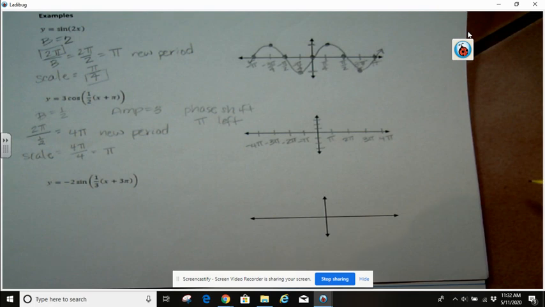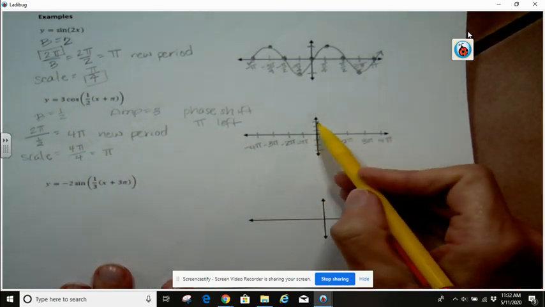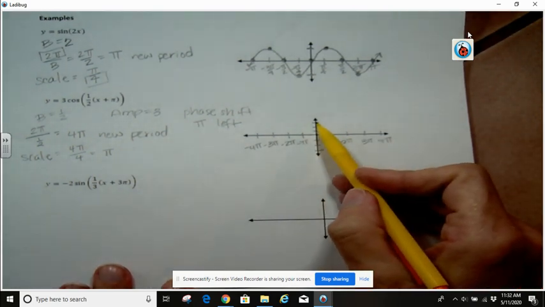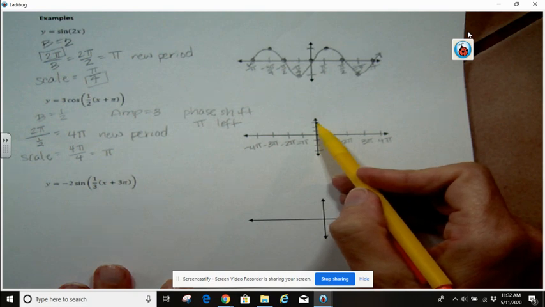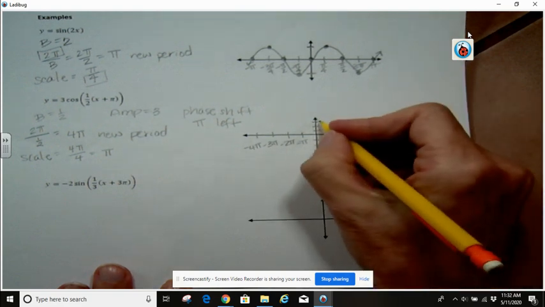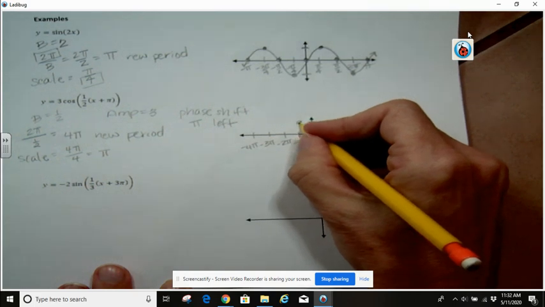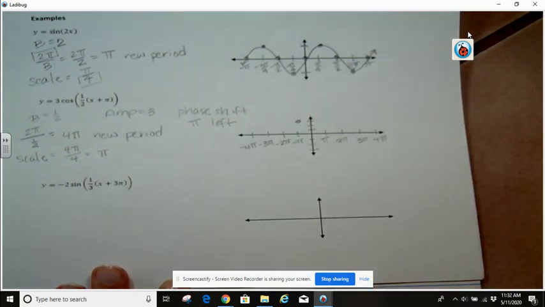Okay, so here's what you do. This is cosine. Think about how a cosine normally starts. A cosine normally starts with a maximum on the y-axis, with an amplitude of 3. That'd be up here at 0, 3. But I'm not actually going to put that point there. There's a phase shift of pi to the left. So instead of putting that maximum on the y-axis, I'm going to shift that pi to the left, and that is my first point.